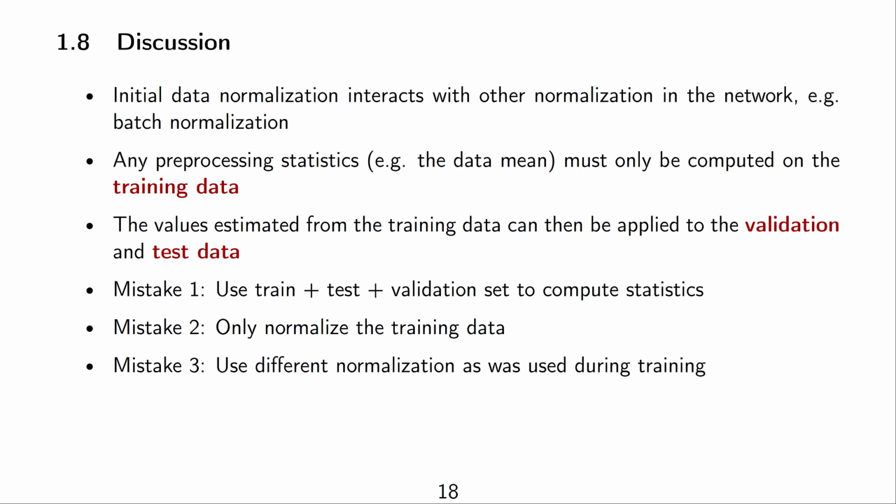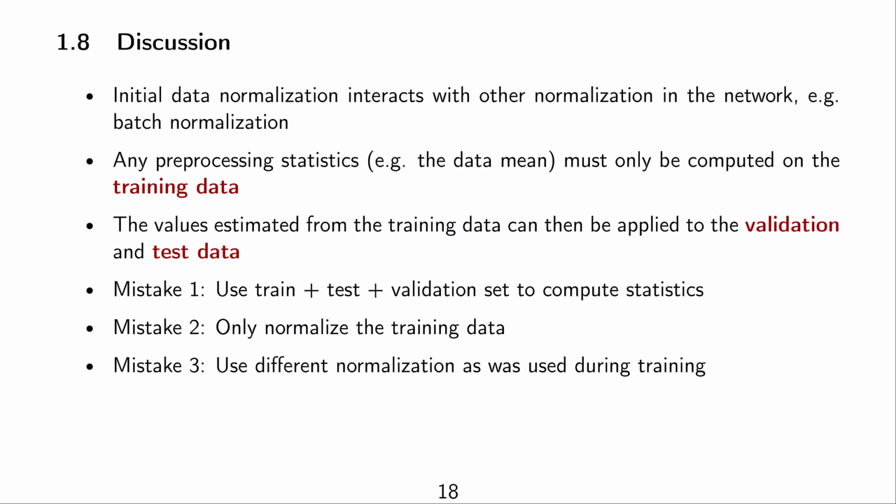Any pre-processing statistics, for example the data mean, must only be computed on the training data set. If you're computing also on the test data set or validation data set, you're making a mistake. It is basically using information from, for example, test data, which is illegal in machine learning.